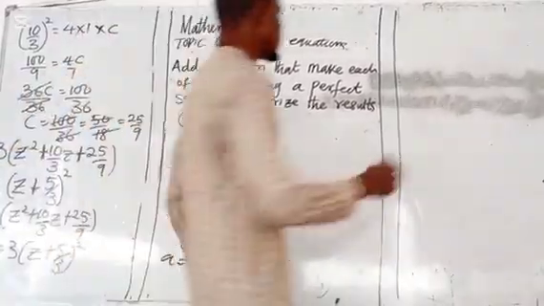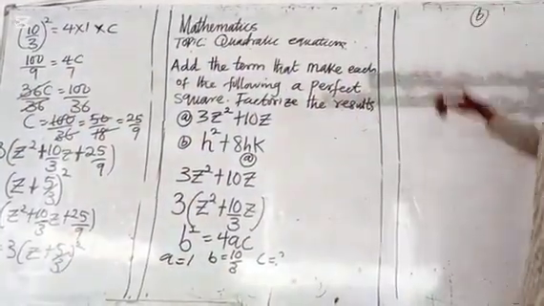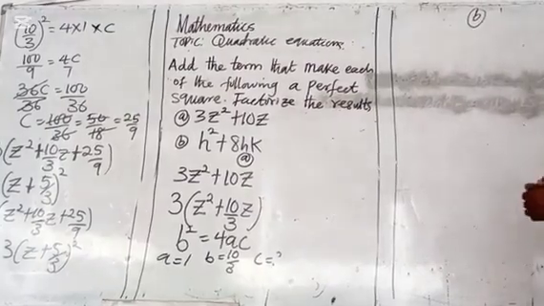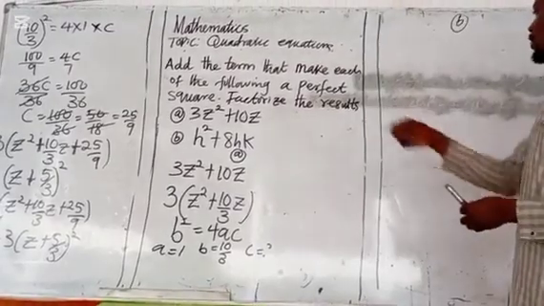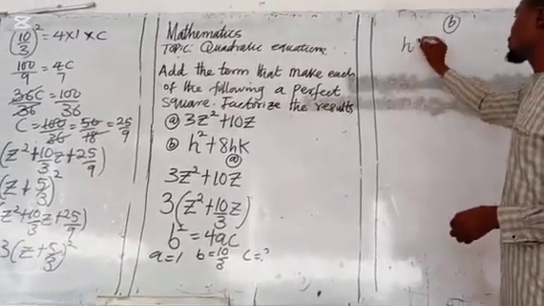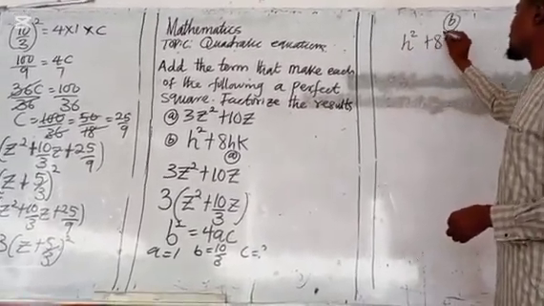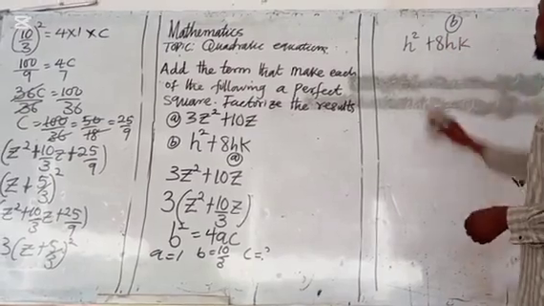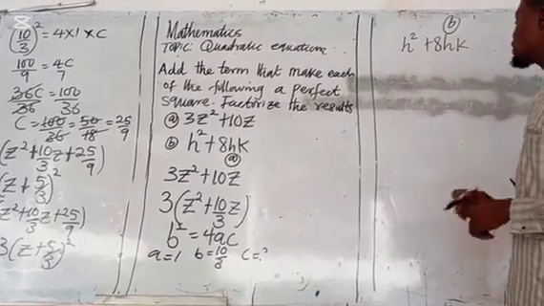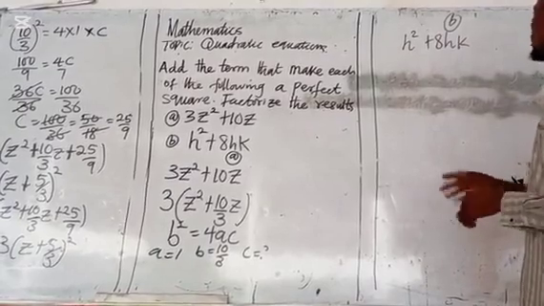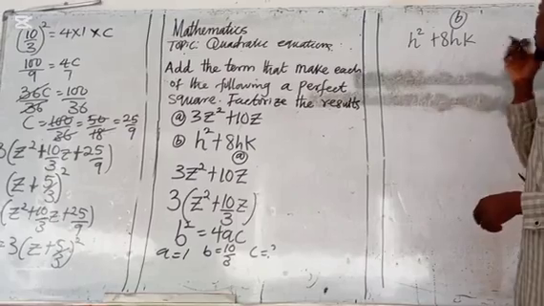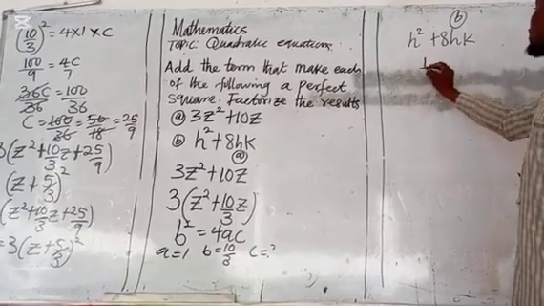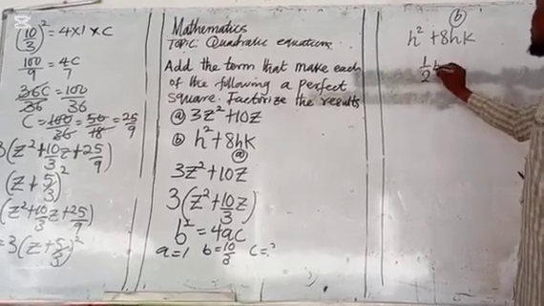For part B of the question, I'll use my previous method, so those that have not watched it before should watch it now. I'll use another method for it, which is h squared plus 8hk. This one doesn't have a coefficient, so it's very easy. What I'm going to do is find what can be added to it to make it a perfect square. The formula you use is 1 over 2 times b, all square.